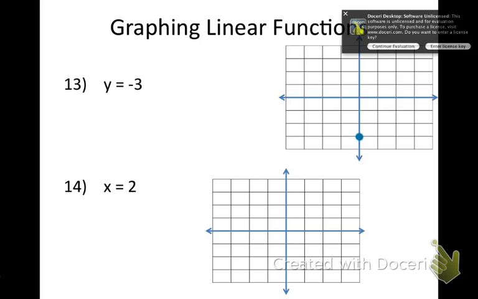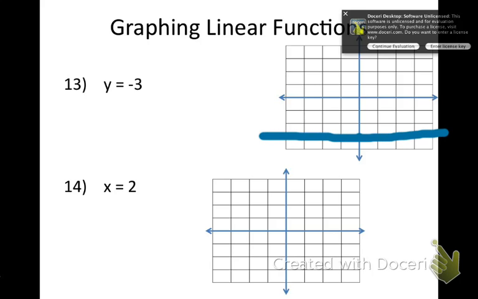Now here's where students get this and they're like, what type of line do I get here? Everybody wants to say a straight line, but everything we're talking about right now is straight lines. So if I look at my graph, where is everything for y equals negative 3? It's this horizontal line right here.